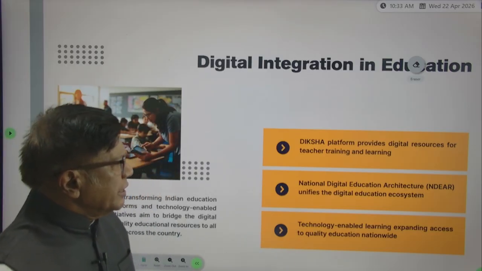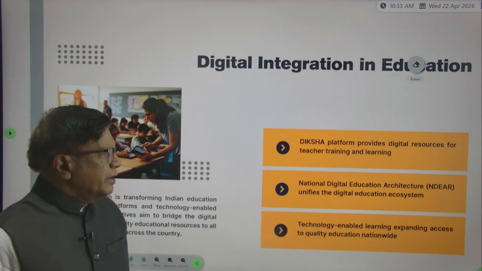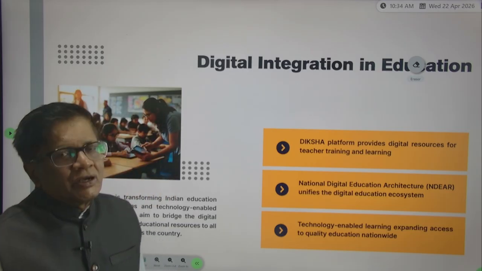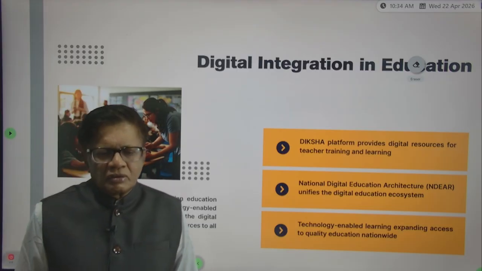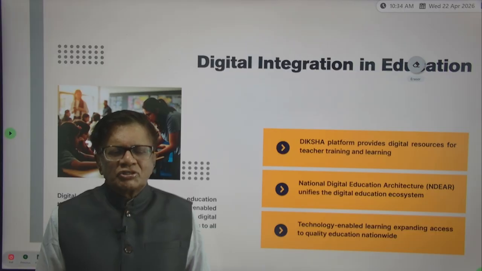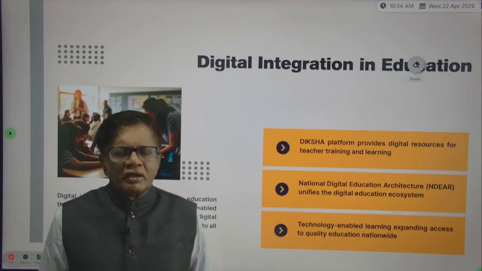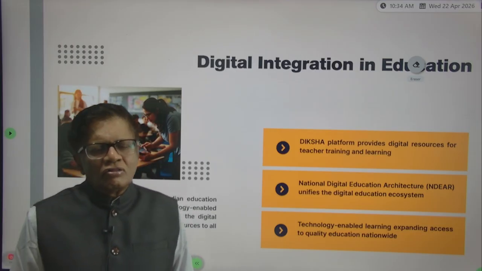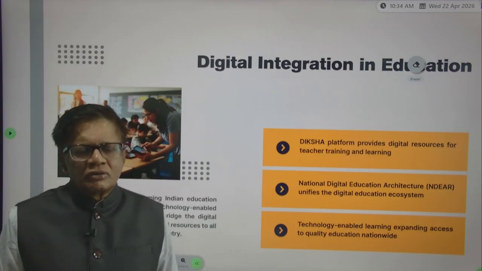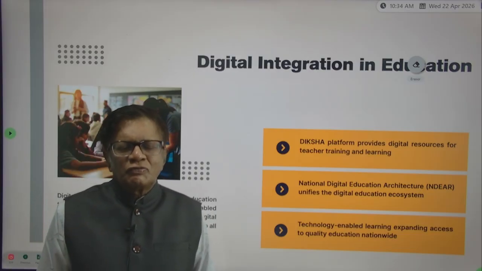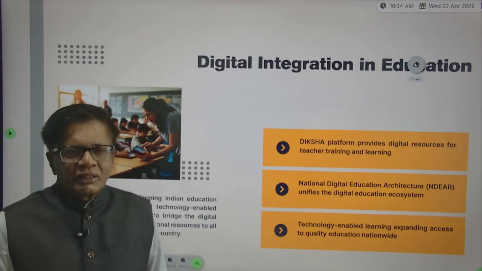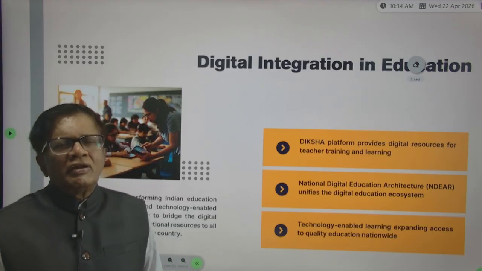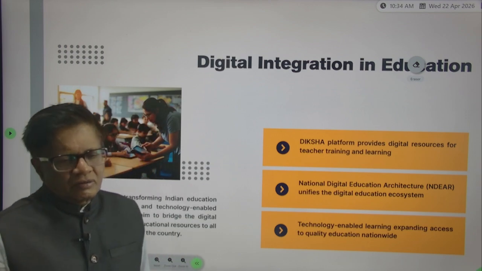As well as there is technology enabled learning expanding access to quality education nationwide. There is also Rashtriya Avishkar Abhiyan, RAA, which is fostering the inquiry as well as innovation. It also connects the school learning to real life. It has application which focuses on science, mathematics, and technology. It also targets the students between age 6 to 18.